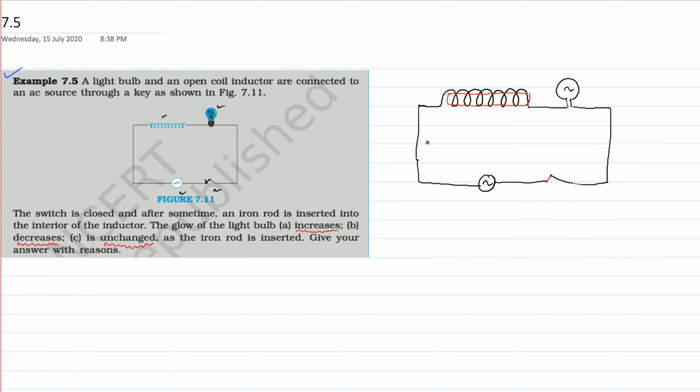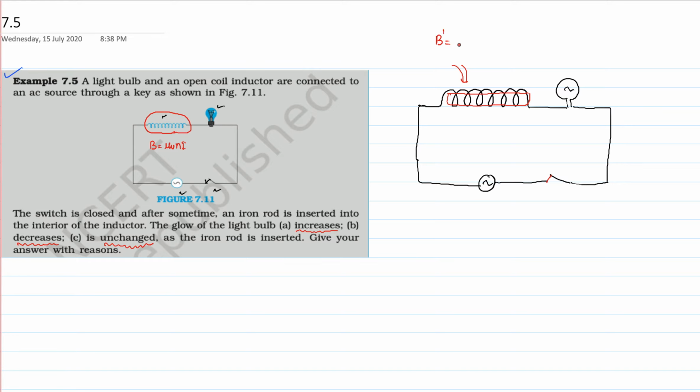I will try to explain this. When you have a simple inductor only, the magnetic field across this coil is equal to mu naught times Ni. I hope that you agree with this. When you switch on and insert an iron rod inside it, what will happen? Its magnetic field will increase.